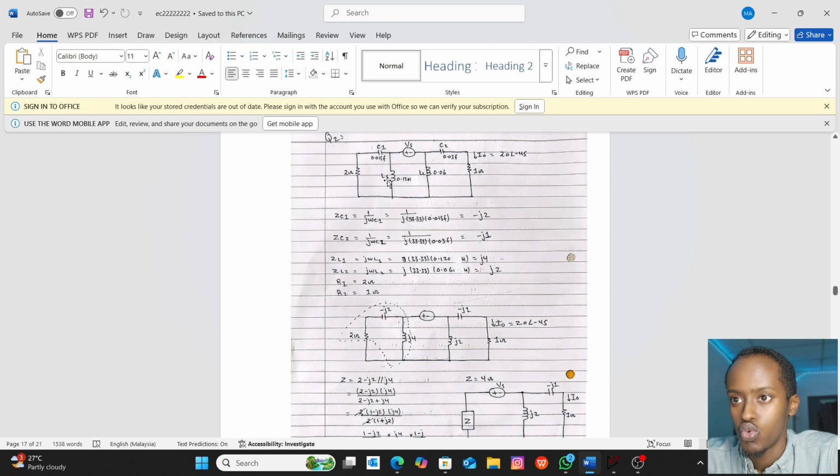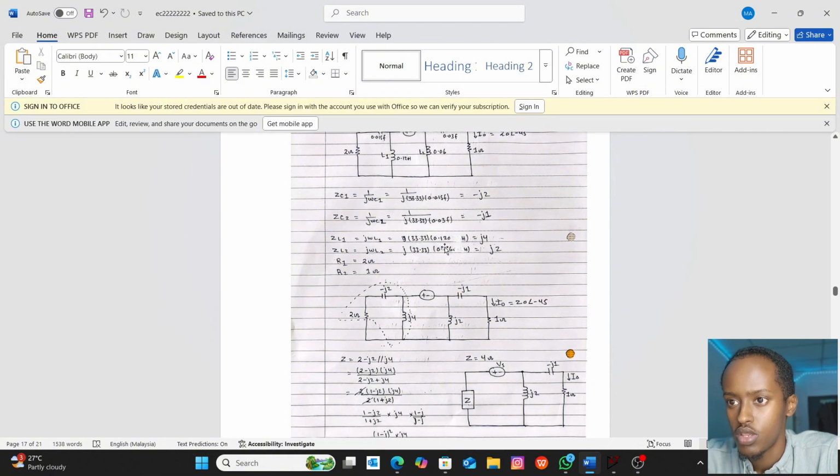Here we choose for our L1 to be 0.12 H and L2 to be 0.6 H, and C1 will be 0.015 farad and C2 will be 0.03 farad, and the given current Io will be 20 angle minus 45.